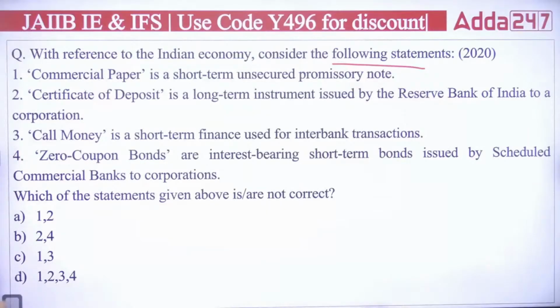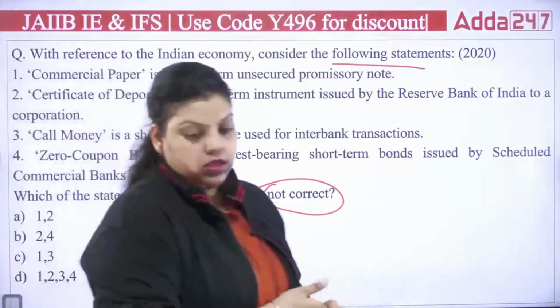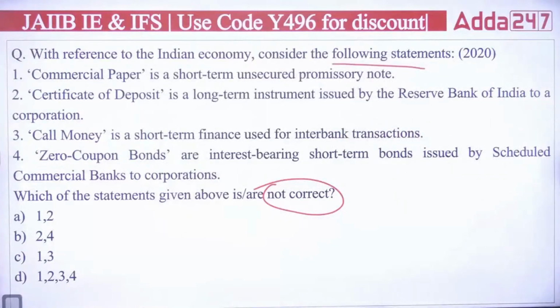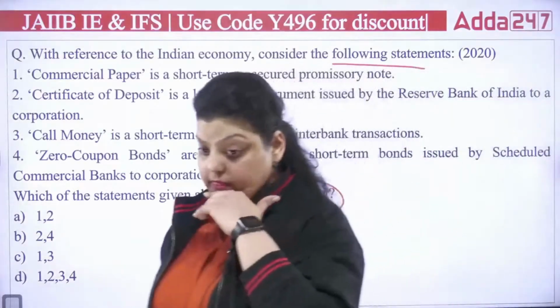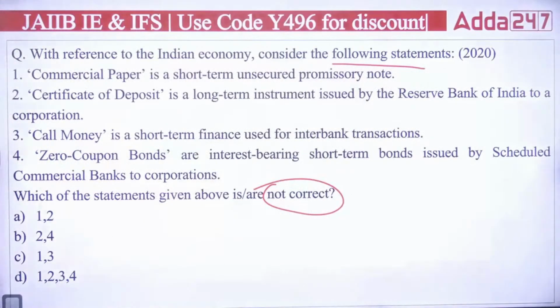So, you have to find out the not correct statement. A, B, C or D?